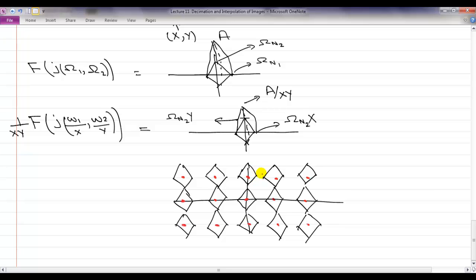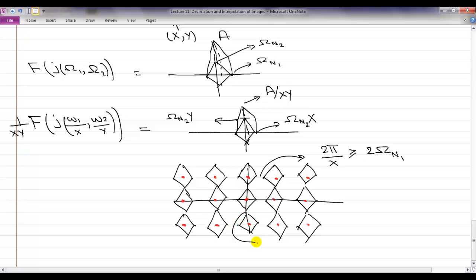Whether or not these endpoints overlap will be a function of how high your sampling rate is. There will be no overlap here as long as you satisfy the Nyquist criterion. This will only happen if your sampling rate, if your 2 pi over x, is greater than or equal to twice omega n1. Otherwise, you will have overlaps in all these copies, around this point. And similarly, you will have overlap here.